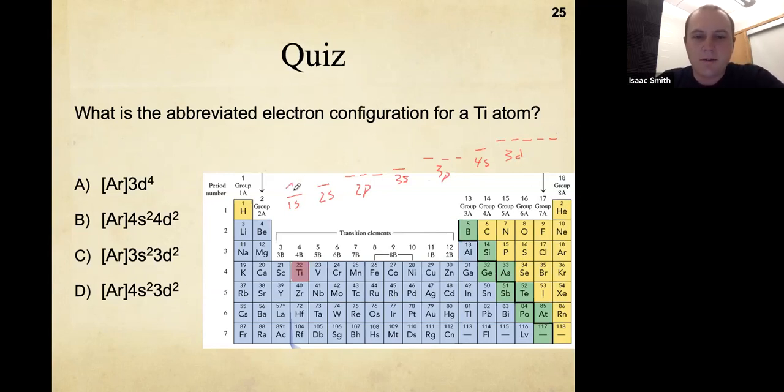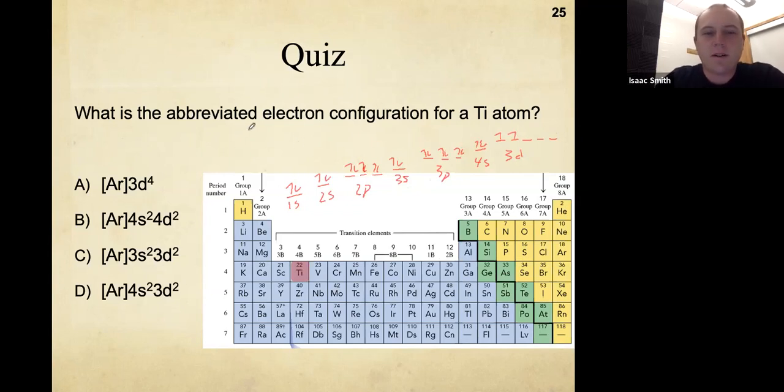So we fill in with 22 electrons. Okay, we got that all done.